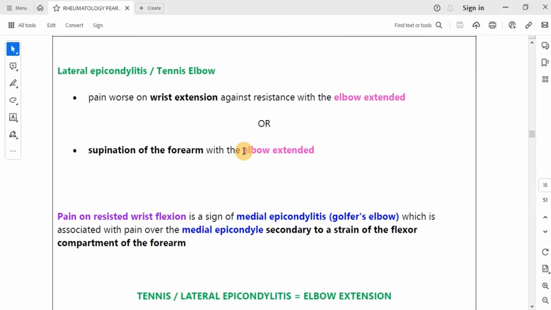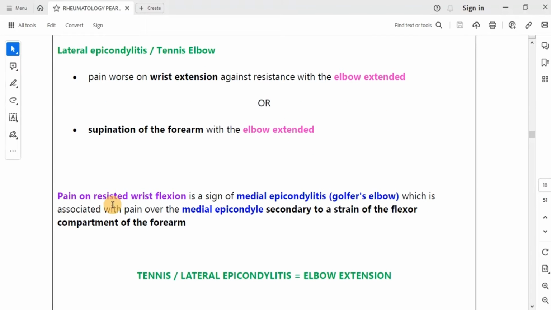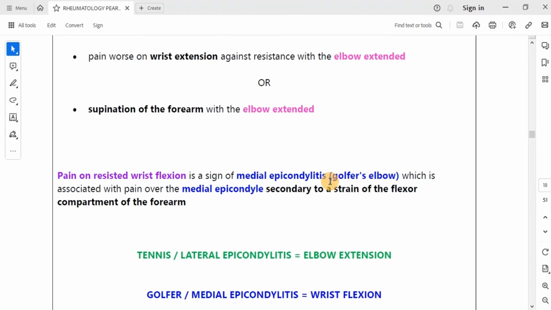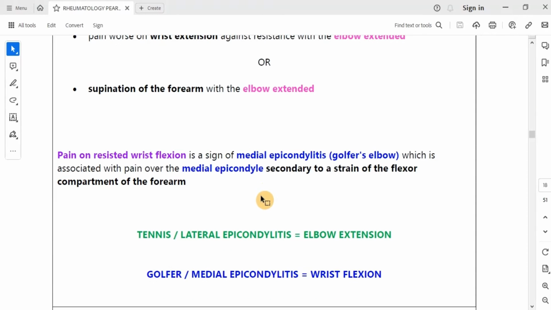So the pain is more commonly experienced in lateral epicondylitis when the elbow is extended. And pain on resisted wrist flexion is a sign of medial epicondylitis, also known as golfer's elbow, which is associated with pain over the medial epicondyle, secondary to a strain of the flexor compartment of the forearm.